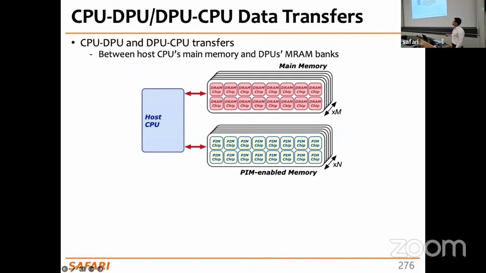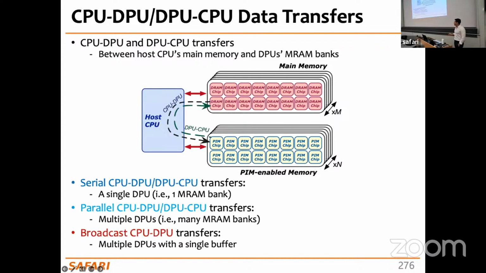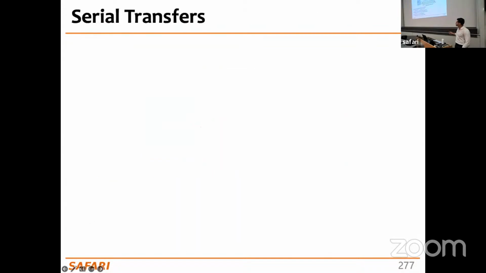So the data transfer that I mentioned, right? In the UPMEM presentation, I mentioned that there are three different data transfers: serial, to copy data from or to one single DPU; parallel, to copy chunks of data to many DPUs; and broadcast, which copies a single piece of data to multiple DPUs as well.